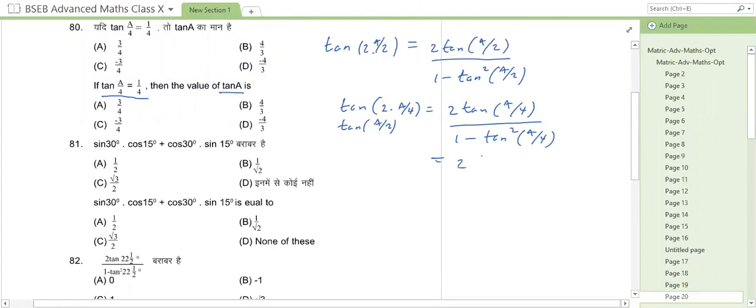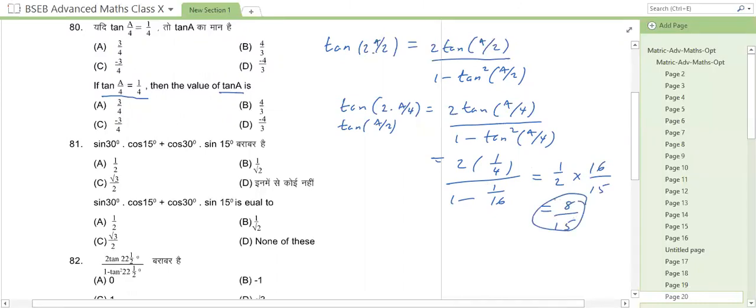So 2 into a quarter over 1 minus a quarter squared, 1 over 16, which is equal to half times 16 over 15, which is 8 over 15. You can take this 8 over 15 and substitute it inside here, because we know what is tan of A over 2.